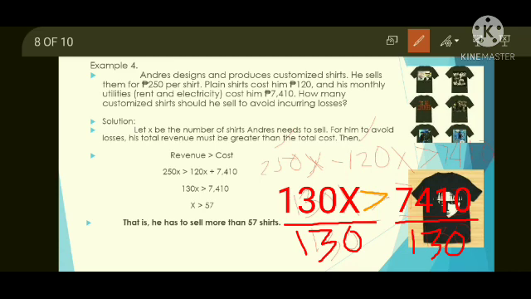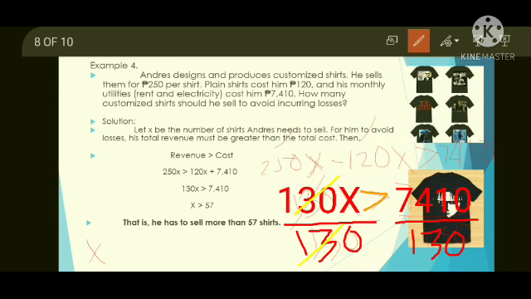We notice that 130 will be cancelled out in our equation, so what remains is x greater than 7,410 over 130. So what is 7,410 divided by 130? That will give you a value of 57.